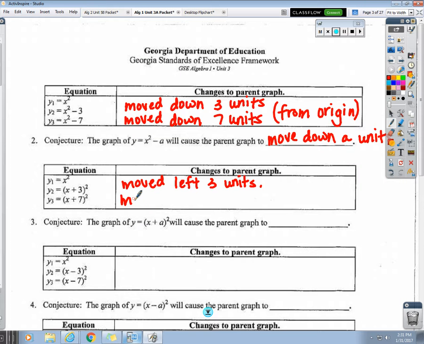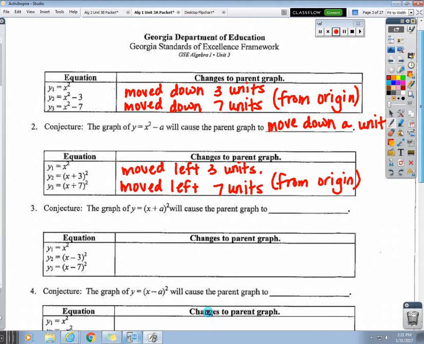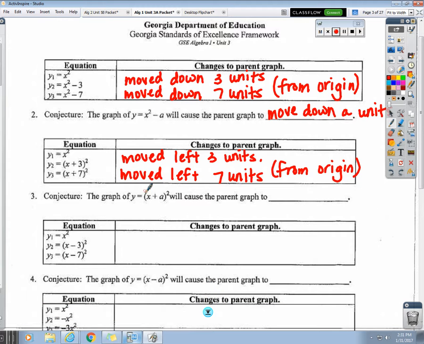So it moved left 7 units this time. And remember, those shifts are always starting from the origin. Correct. Okay, so now let's look at the rule. The graph of y equals x plus a in parentheses squared will cause the parent graph to move left a units, right?